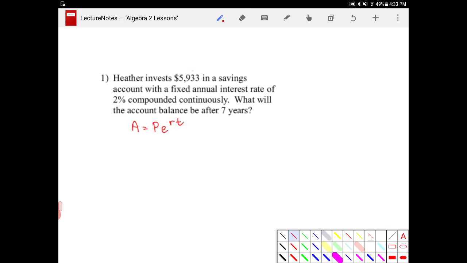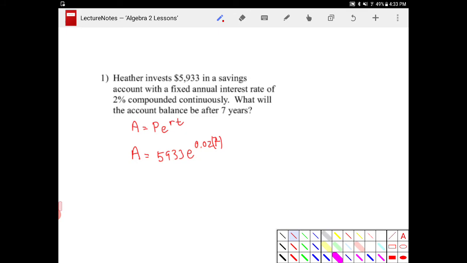So I know that this value, 5933, is the initial amount. I know that 2% is my r, and 7 is my t. With all that, I can now solve for the value after 7 years.